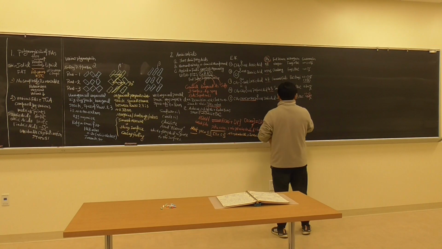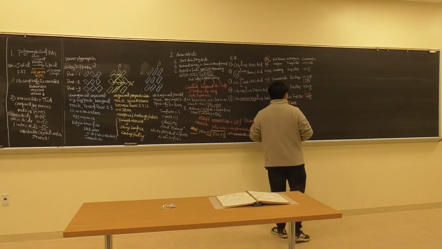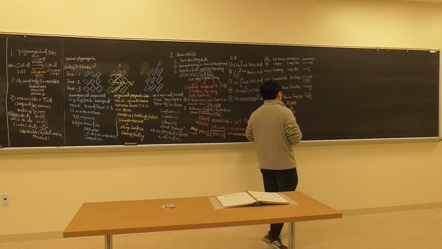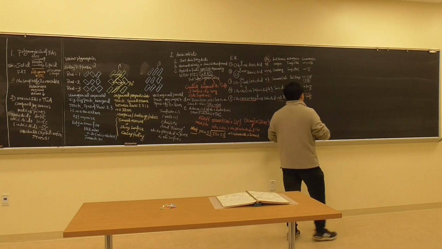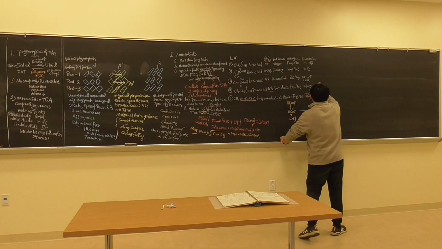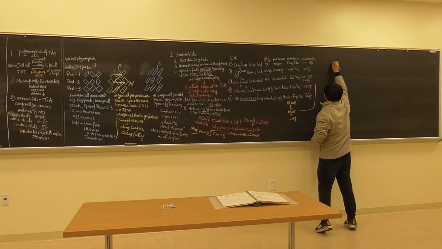So I have RCOOH, and it will be released, become the dissociated one, and with a proton. So I have a bacterial cell. Let me just draw it here. Okay, it's like this.